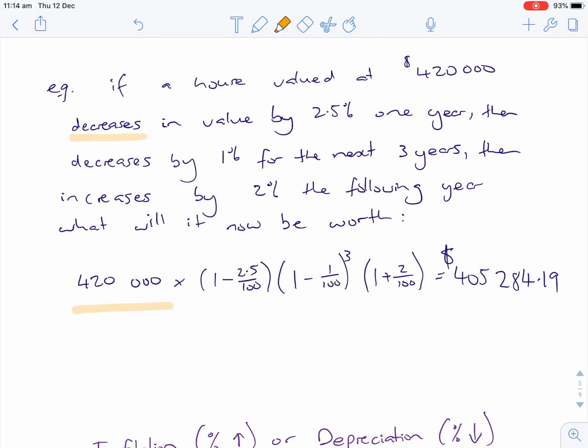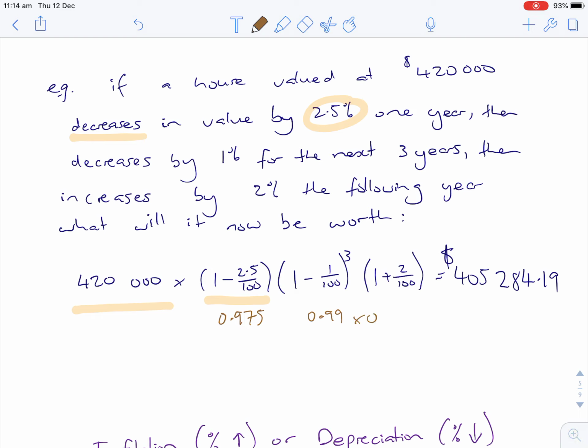So your first one was a decrease of 2.5%. So I'm going 1, take my 2.5 on 100, okay? Or 0.975 is what that's going to wind up being, my bad. And then I've got my next one, it decreases by 1% for the next 3 years. So 1 take 0.01, or 0.99, would be my multiplier.